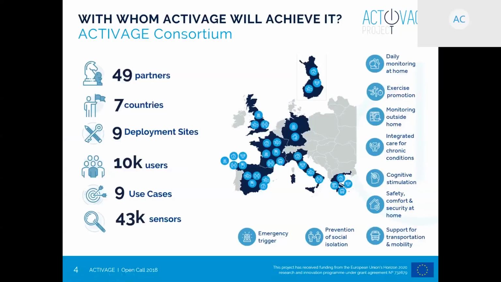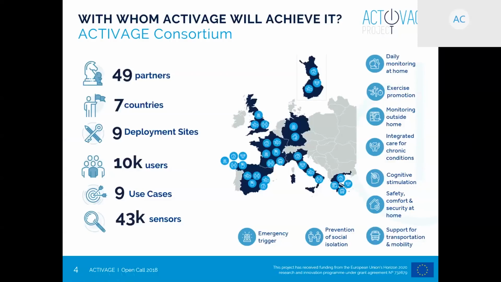So ACTIVAGE counts on a large consortium with 49 partners that represents all the stakeholders involved: supply, demand side, technological, AHA service supply, and so on. And it is developed in 9 different deployment sites in Europe, in 7 different countries.